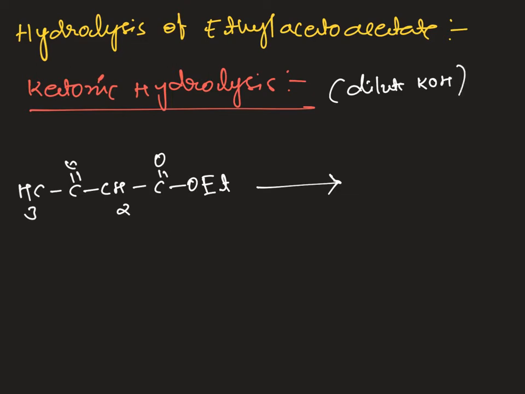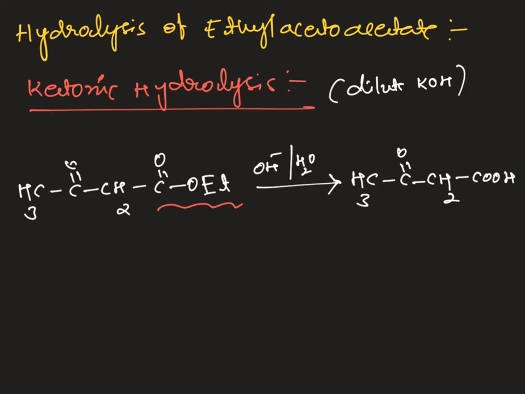If I use KOH, H2O, first the ester group undergoes hydrolysis and gives the corresponding carboxylic acid, CH3 C double bond O, COOH. Since we are using KOH, it is usually present as the potassium salt, COO minus K plus.